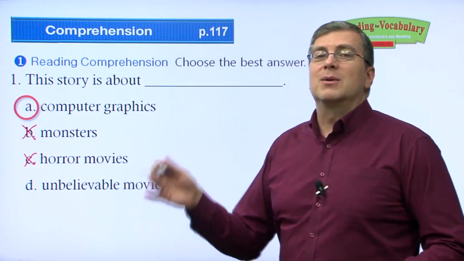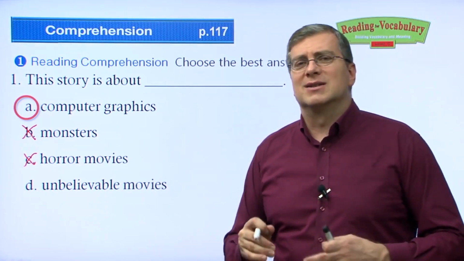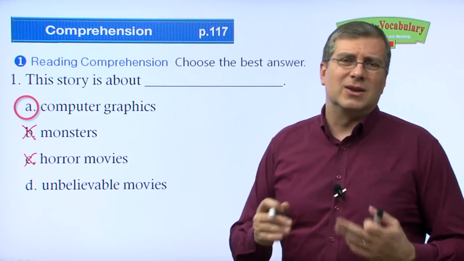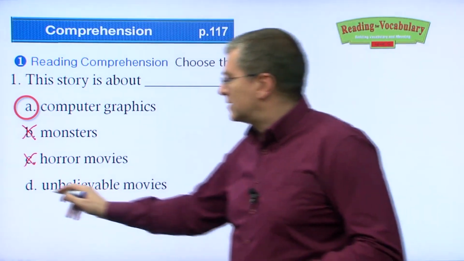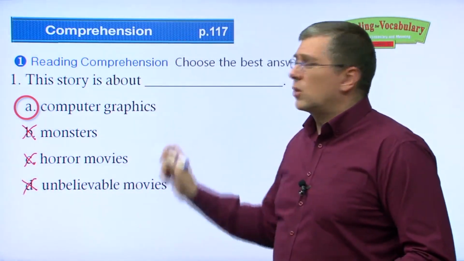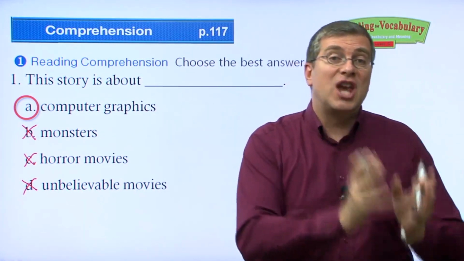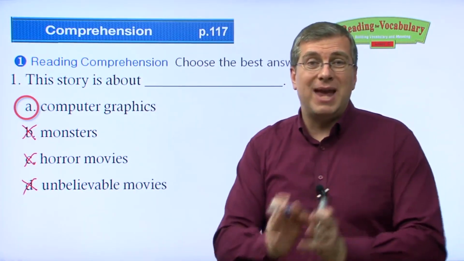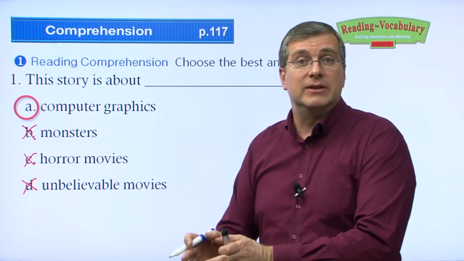No, they were talking about movies at the beginning that weren't believable, that audiences could see were phony, so they lost interest, they lost the fun of the movie. So that's not it. That was just a small detail of the passage. The whole story was about computer graphics and how computer graphics has changed the way movies are made and the way that movies are more realistic these days.